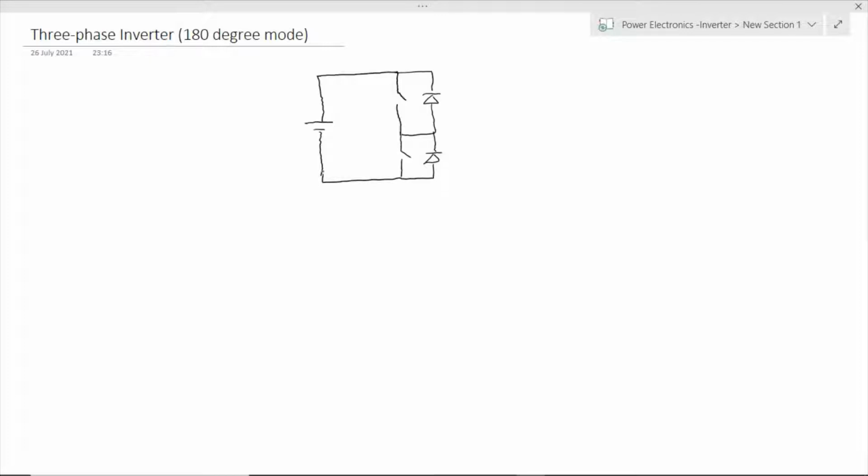Okay, so this is one, then comes the second with its pair, then the third one.